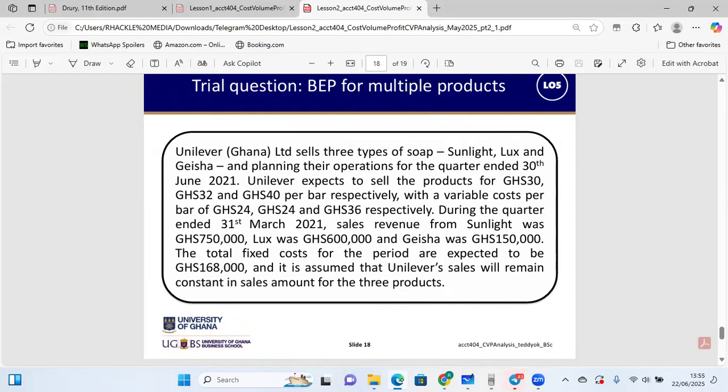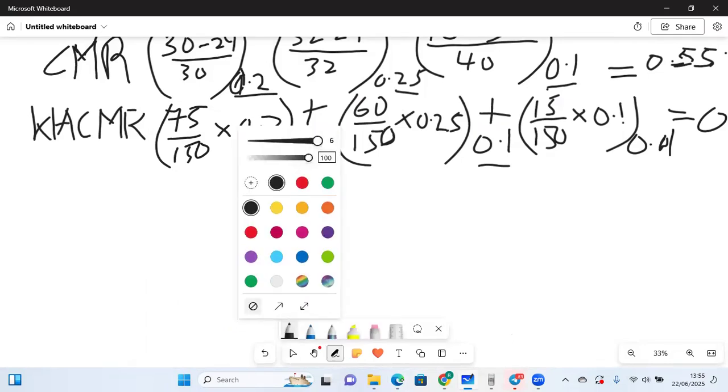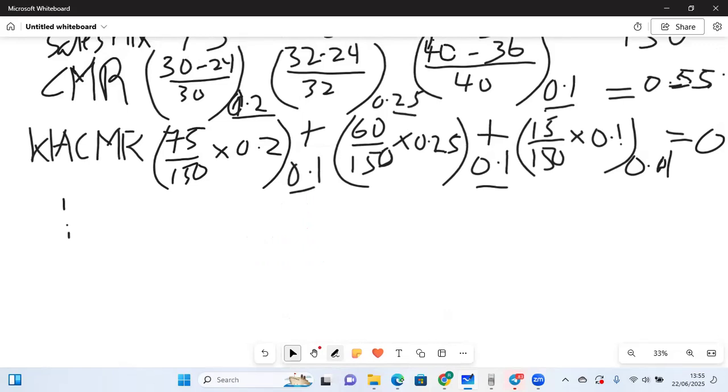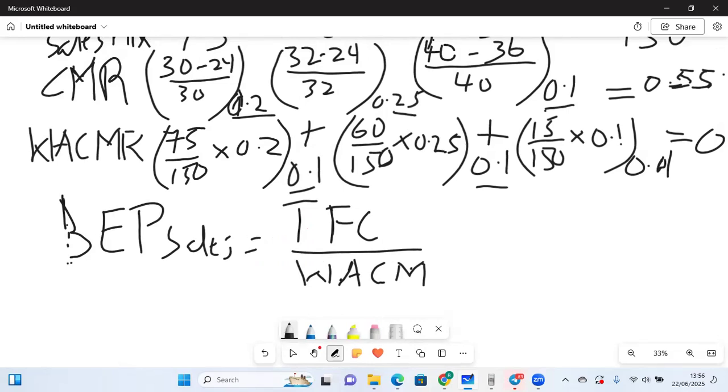So now we are going to find the break-even point in total, right? So now it is going to be total fixed cost, TFC, all over the weighted average contribution margin ratio.